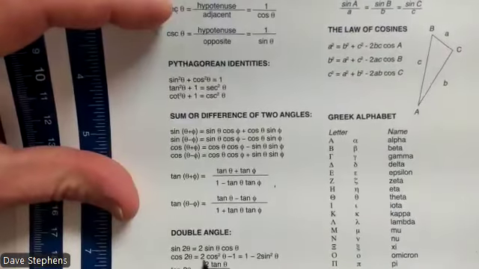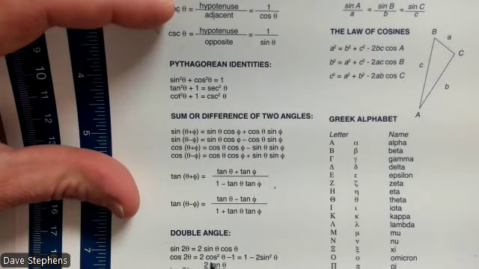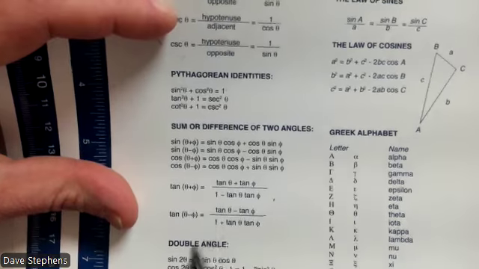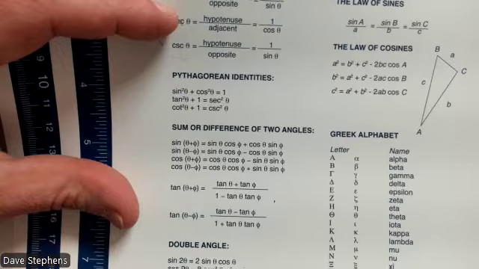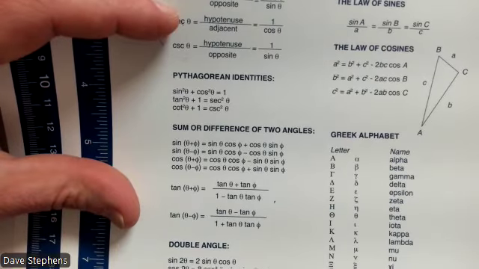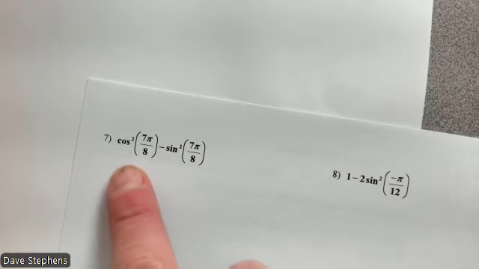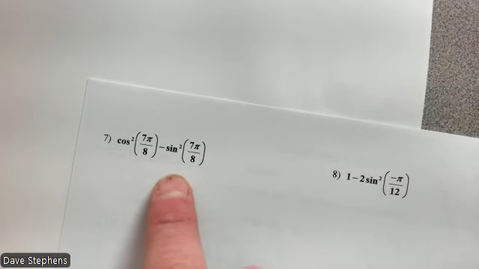Cosine squared minus sine squared. I don't see it anywhere. But I do have 1 minus 2 sine squared, or I have 2 cosine squareds minus 1. So let's do this. Cosine squared minus sine squared.